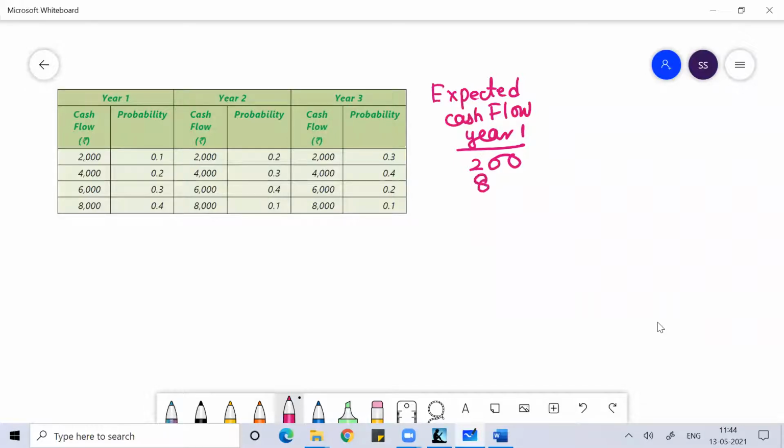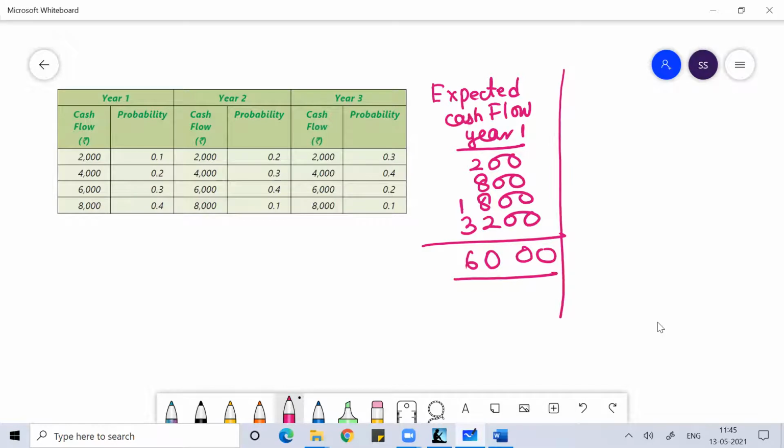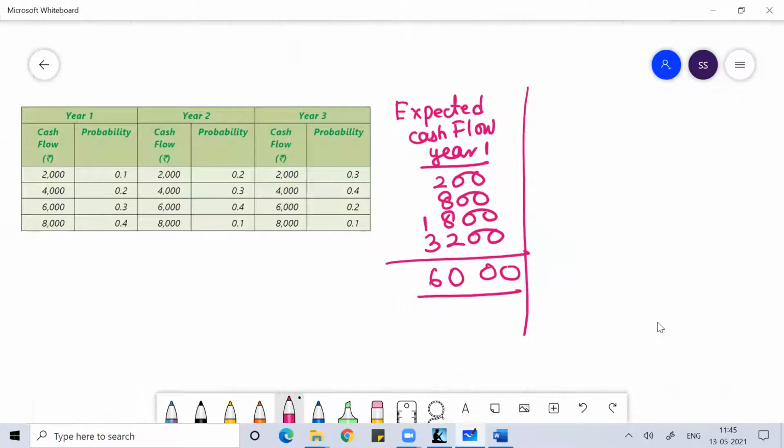Then 6000 into 0.3, that will be 1800. And then 8000 into 0.4, that will be 3200. So for year 1, the expected cash flow is 6000. Let me know if I make any mistake here.